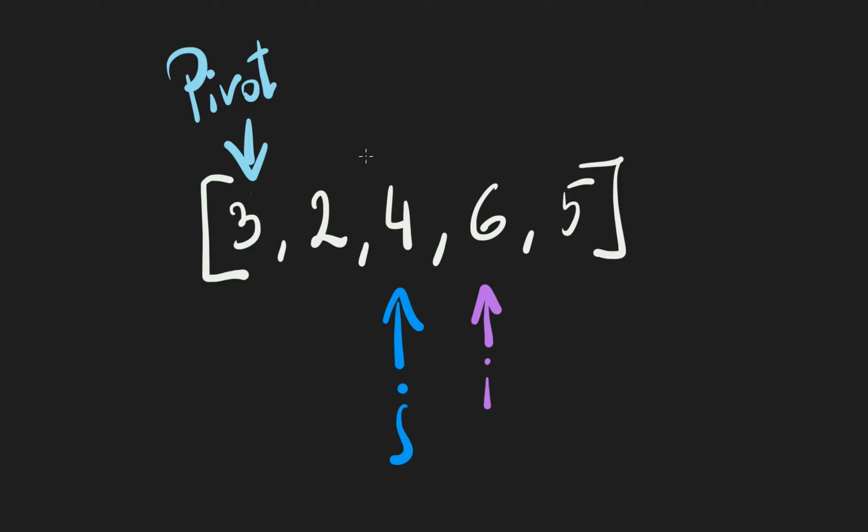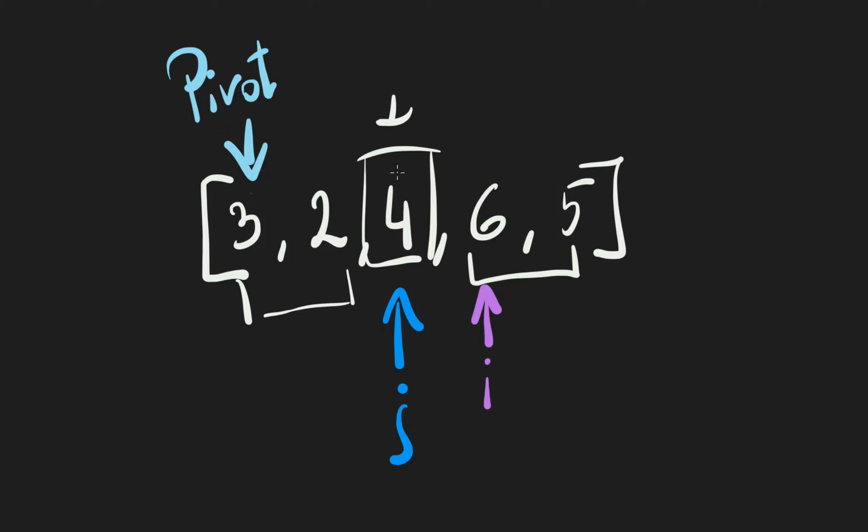Okay, so now 4 is at the correct position, and we need to recursively do this for the left and right side. You see here that 4 is in the correct position. When we sort the array, 4 is at this position. When this array is sorted, then here it will be 2, 3, 4, 5, and 6.